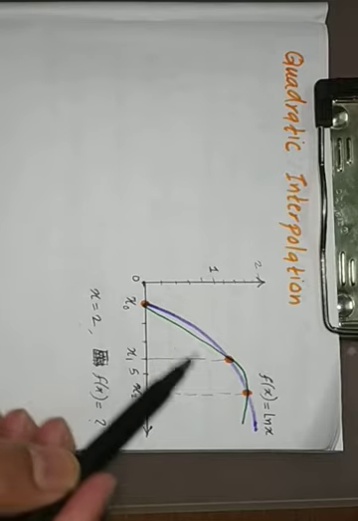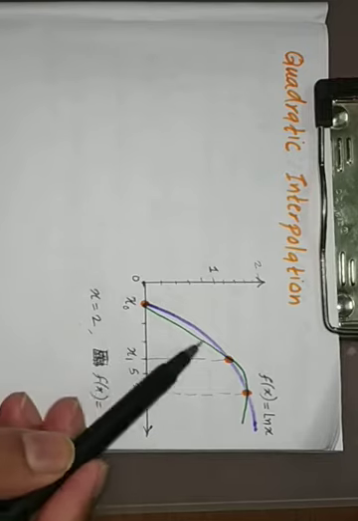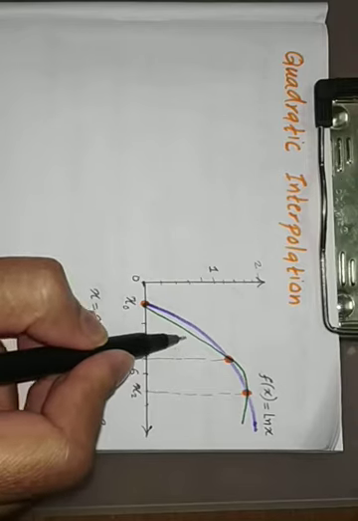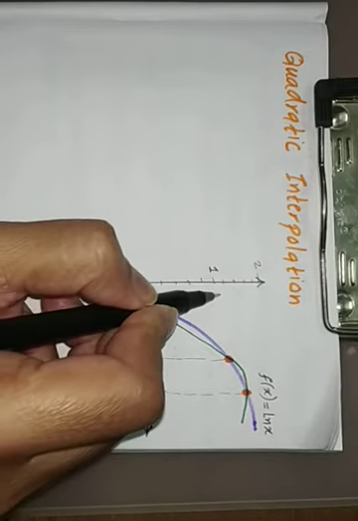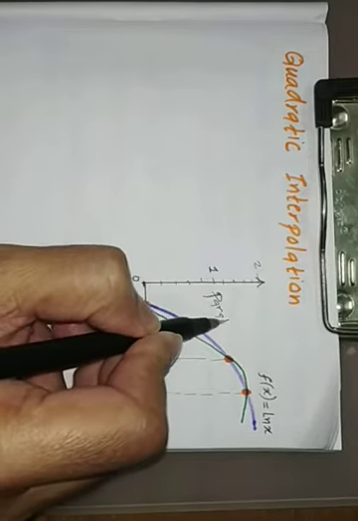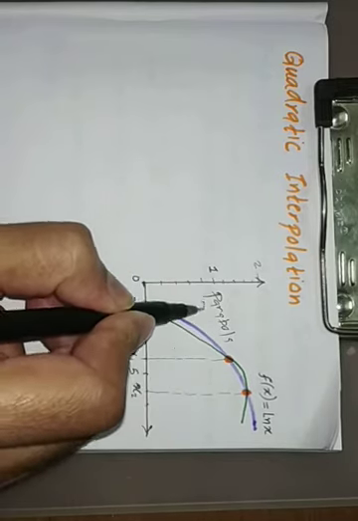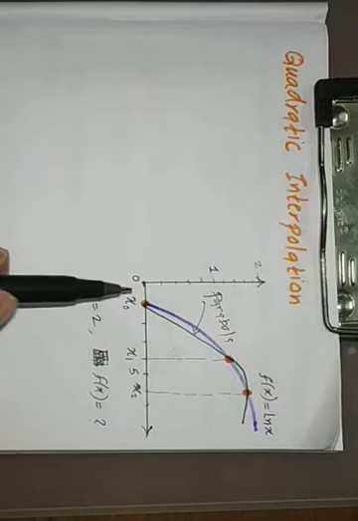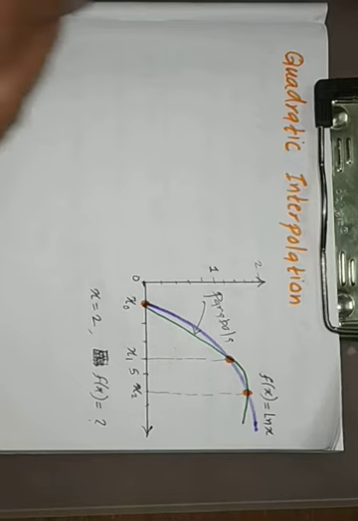So these 3 points are joined by one second order curve or quadratic curve. So this is a parabola. This green curve is a parabola. So we need to find out the equation for this parabola.